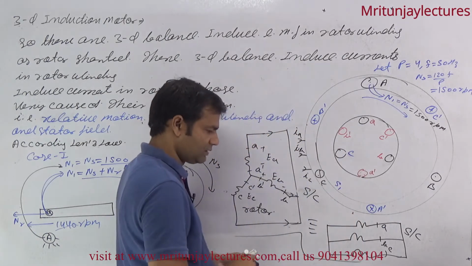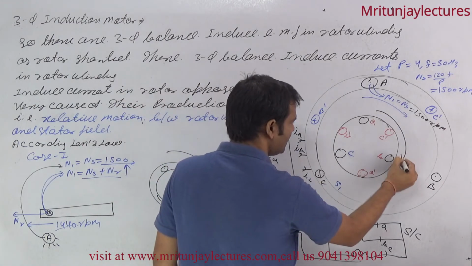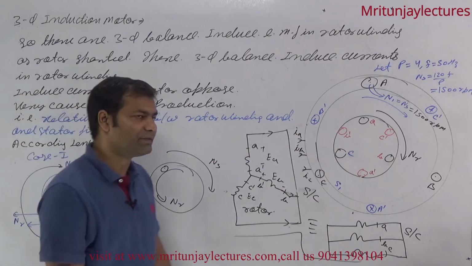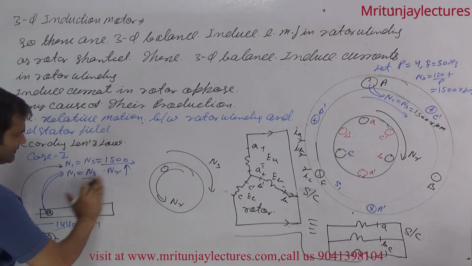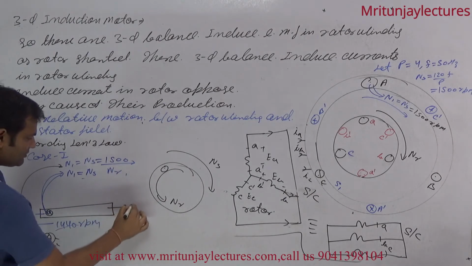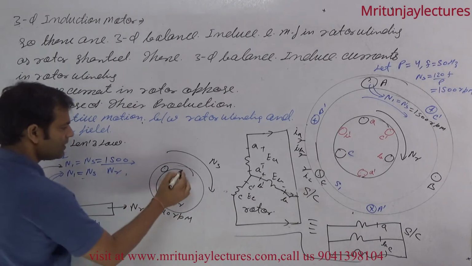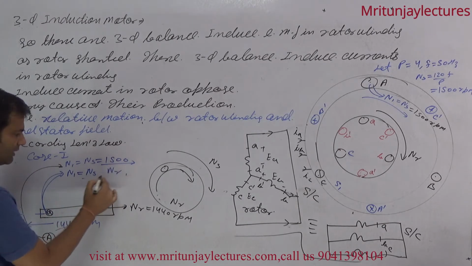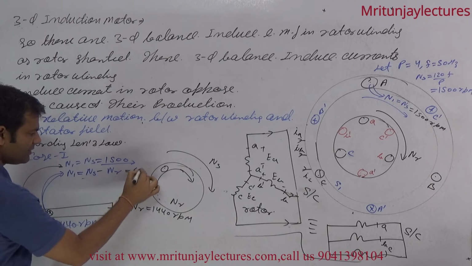Now the second case. Only two cases are possible, that's why we have taken them one by one. Suppose the rotor rotates in the direction of the stator field. In this case, you sit here and see this train. This train looks like this speed minus this speed, that is 60 rpm.